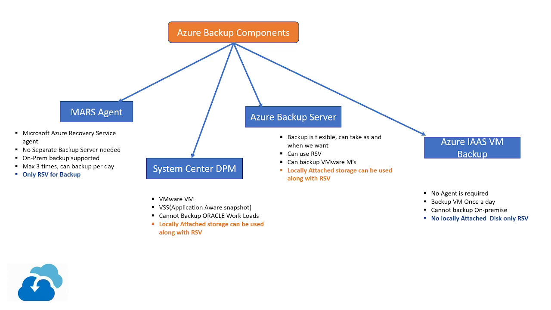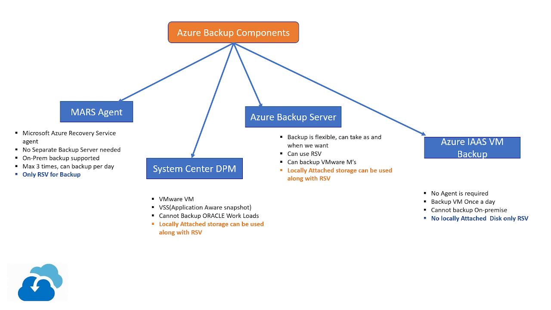Normally once a day is enough. Why would you take it every time? Because it will take the entire system copy and keep it. It cannot back up on-premises. It only supports the cloud, and you cannot use the locally attached storage as well. You can only use the Recovery Services vault.